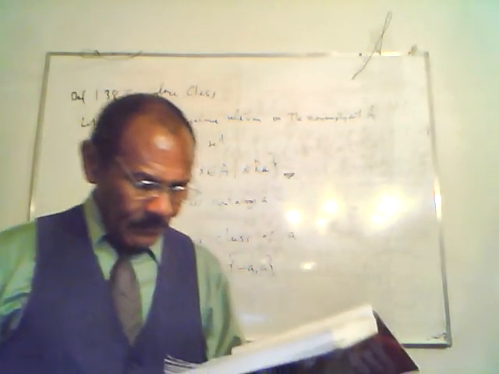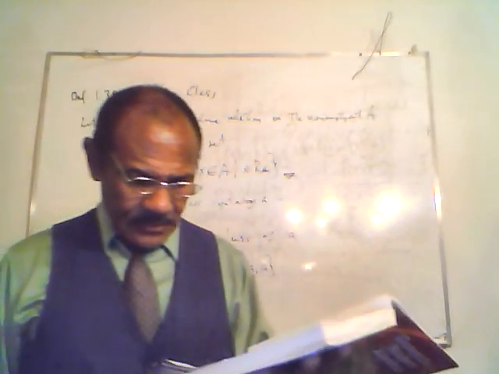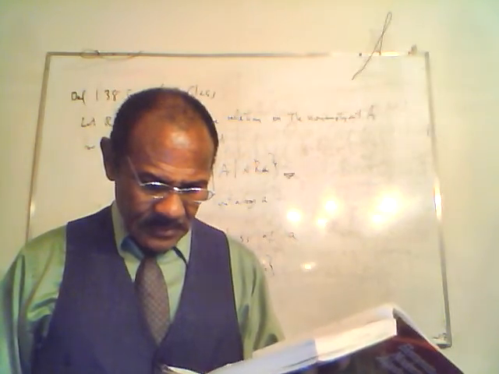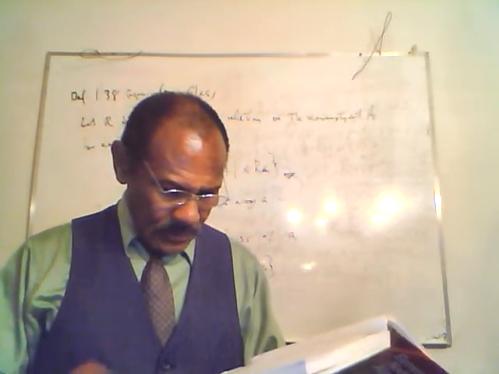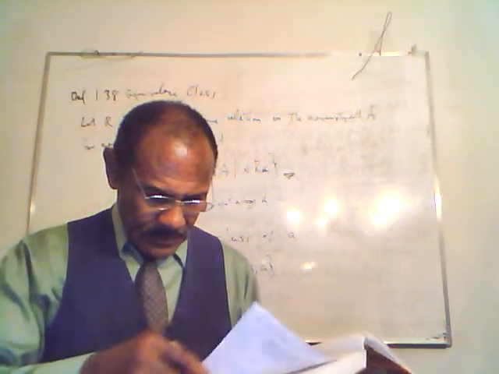In both example 5 and 6, the equivalence classes separate the set Z into mutually disjoint non-empty subsets.